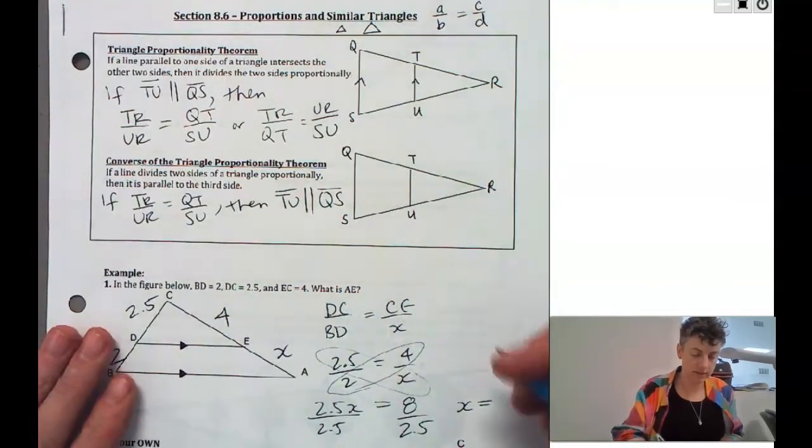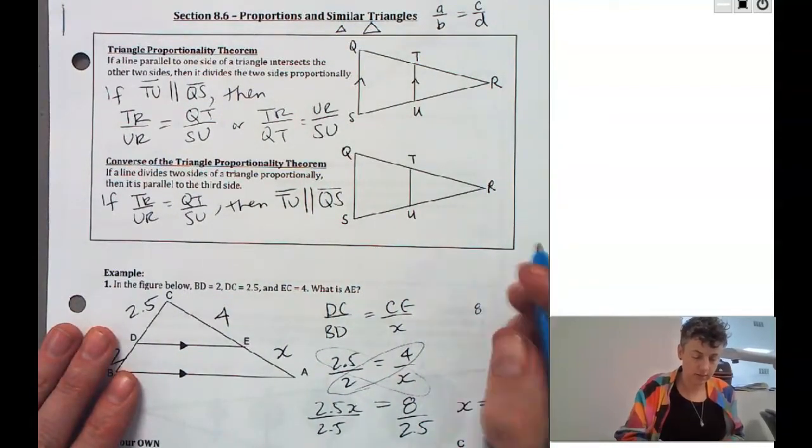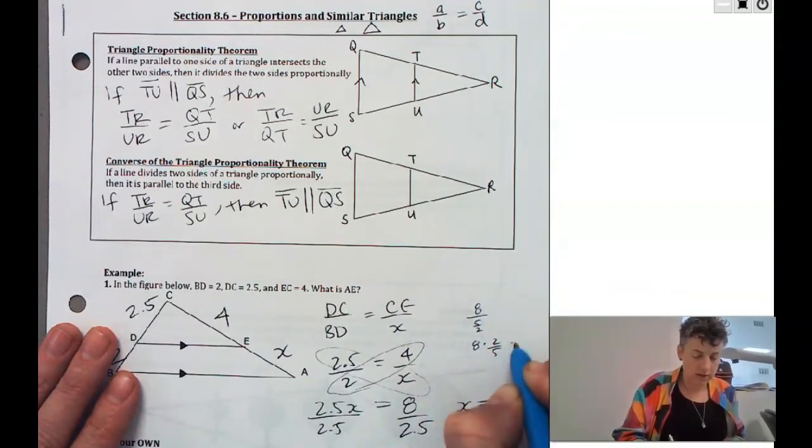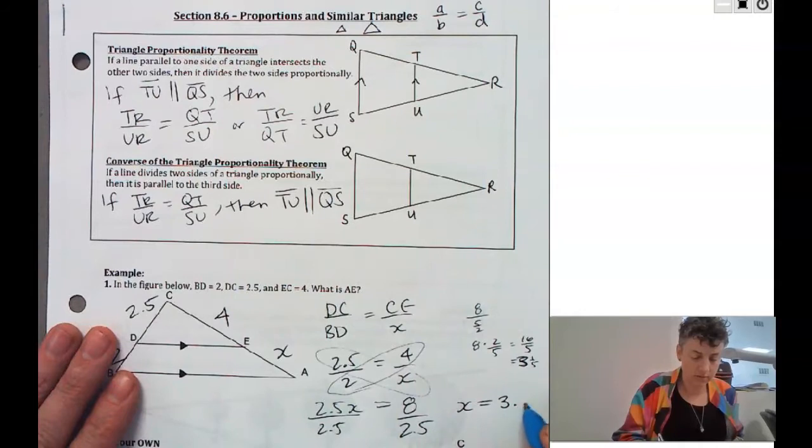What is that? 8 divided by 2.5 is like 8 divided by 5 over 2, is like 8 times 2 over 5, is like 16 over 5, which is 3 and 1/5 or 3.2. Yeah, that I definitely believe.